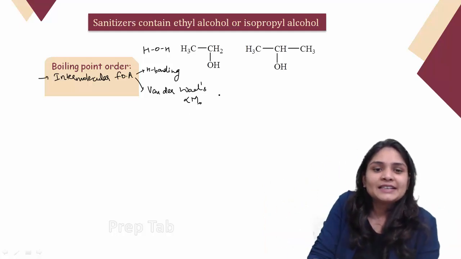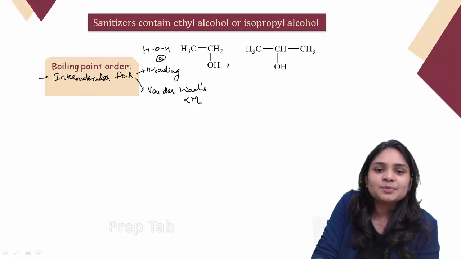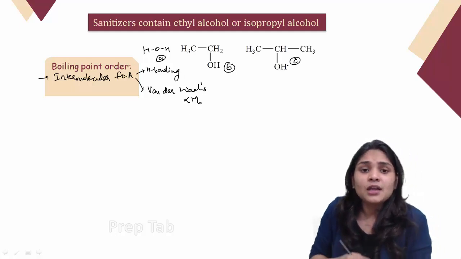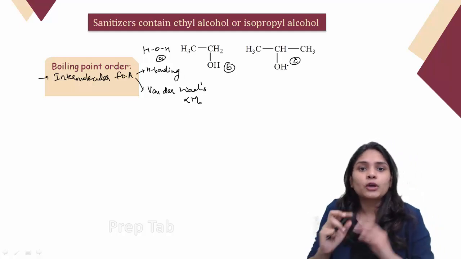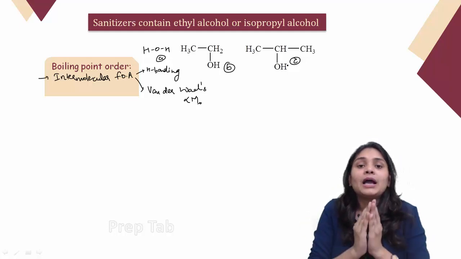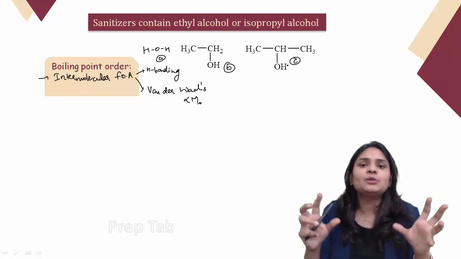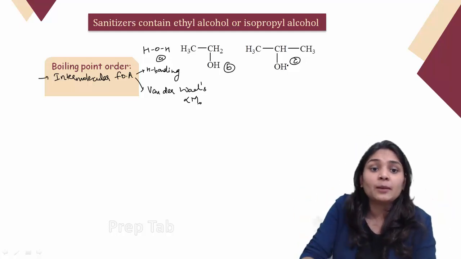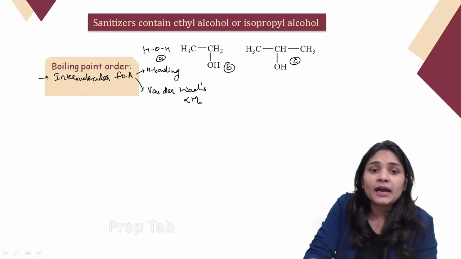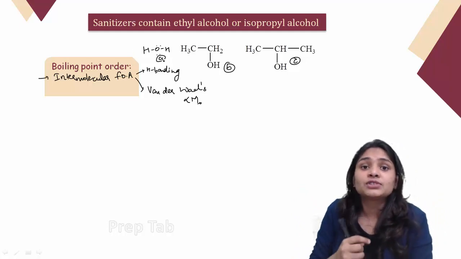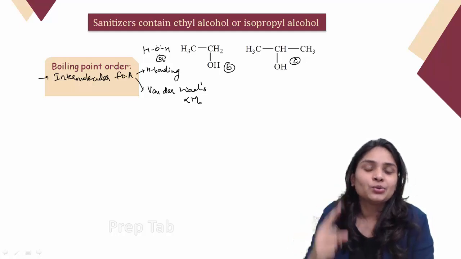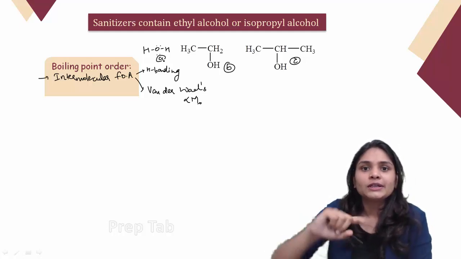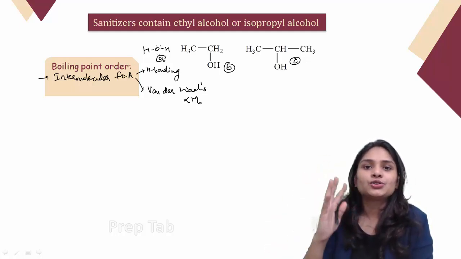Now let's say this is A, this is B, this is C. Water among these three has maximum extent of hydrogen bonding, because here you have 2 hydrogens and 2 lone pairs. You have studied that one water molecule can form 4 hydrogen bonds.